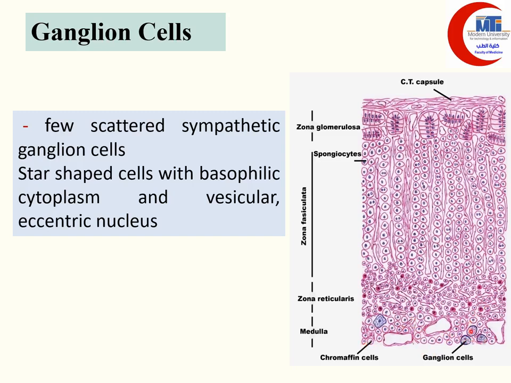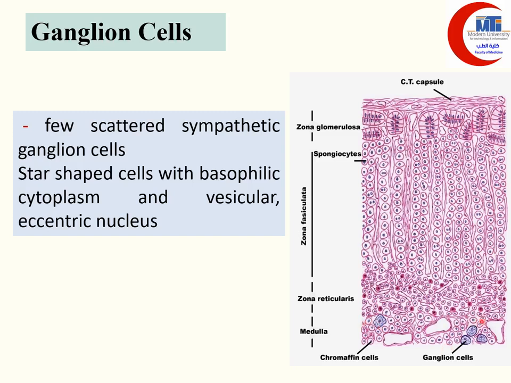The second type, which is few cells, is called ganglion cells. These cells are not modified. They are sympathetic ganglion cells that stimulate the secretory activity of the chromaffin cells. The ganglion cells are star-shaped cells with basophilic cytoplasm, as you see, and a vesicular eccentric nucleus.